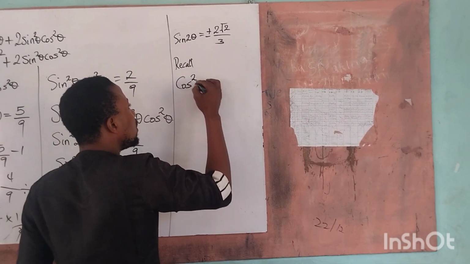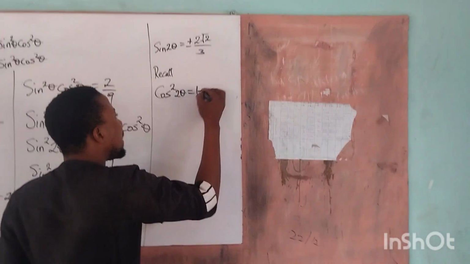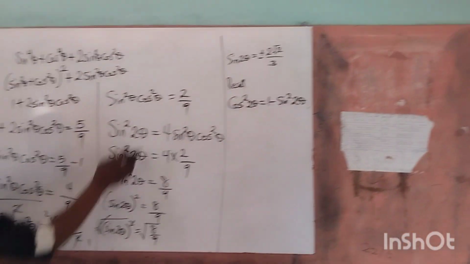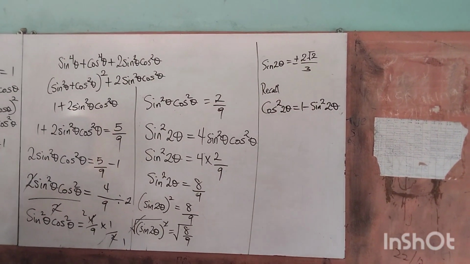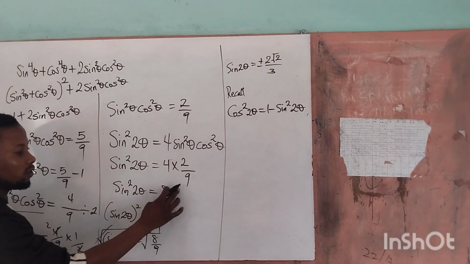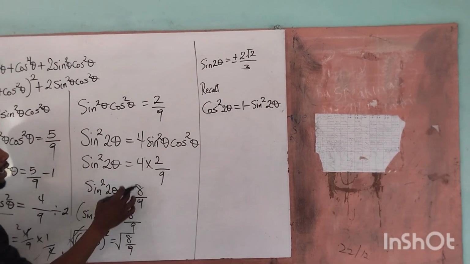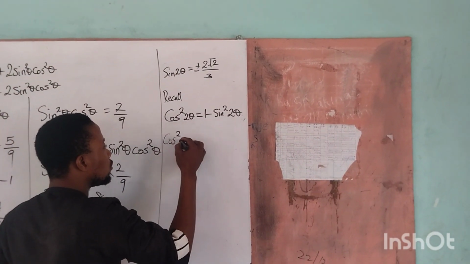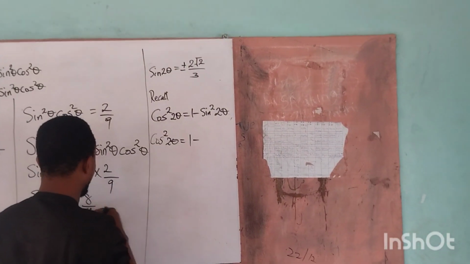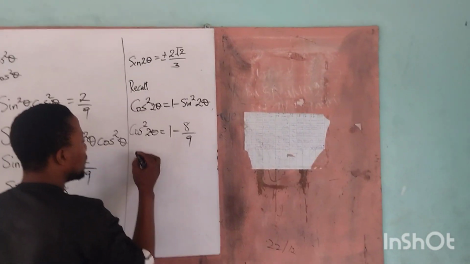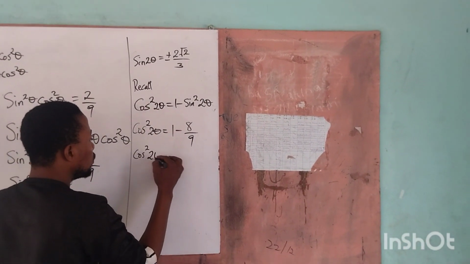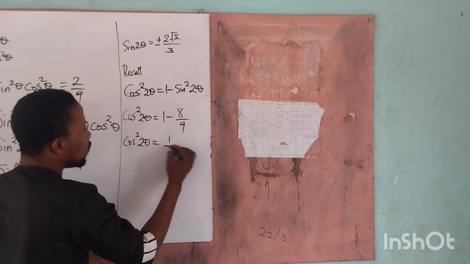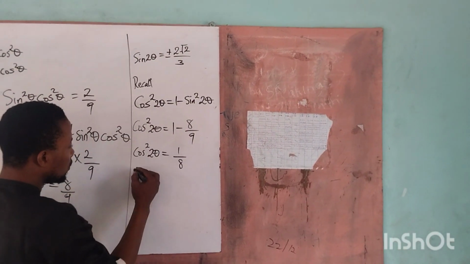cos square 2 theta is equal to 1 minus sine square 2 theta. What is sine square 2 theta? Sine square 2 theta is 8 over 9. So I will just put 8 over 9 into this, which is cos square 2 theta equal to 1 minus 8 over 9. So cos square 2 theta is equal to, if I find the LCM and do the fraction, 1 over 9.